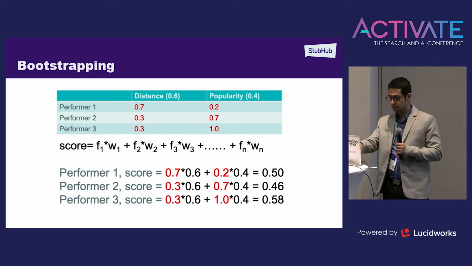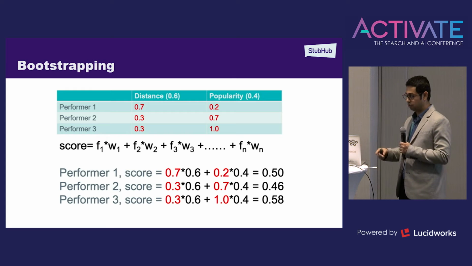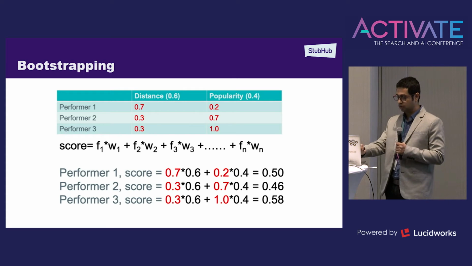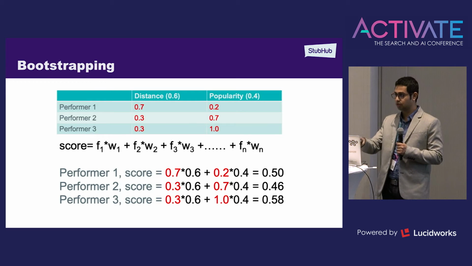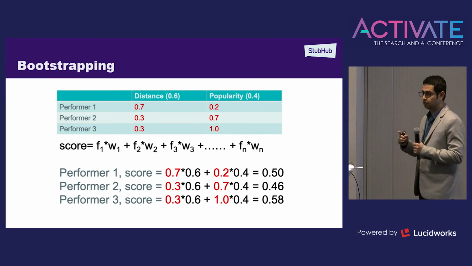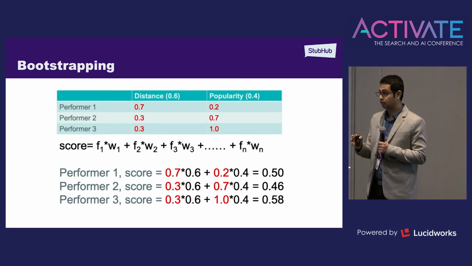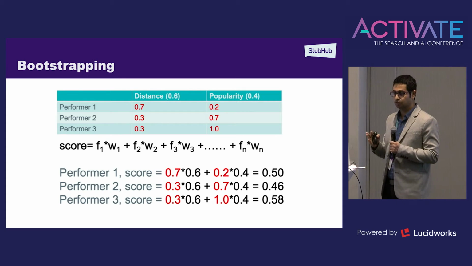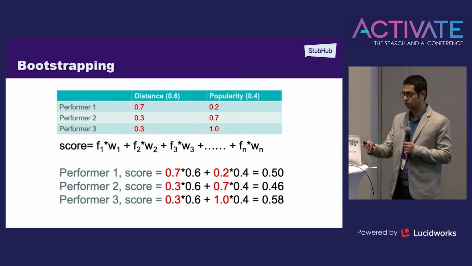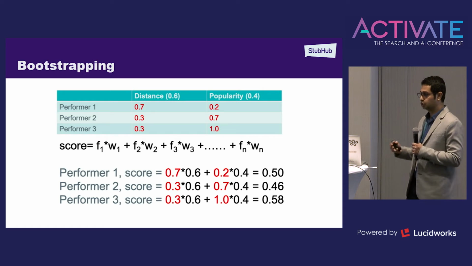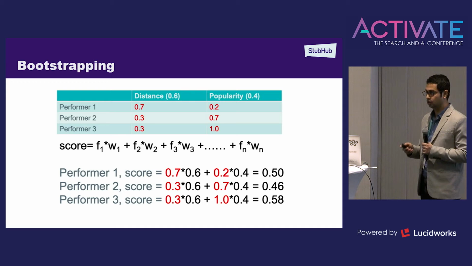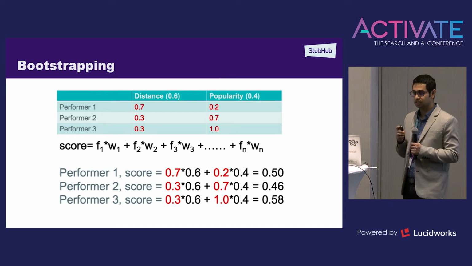So we see for performer 1 the score is 0.5, for performer 2 it is 0.46, and for performer 3 it is 0.58, right? If we rank by those, performer 3, which is far away but popular, will be on the top, followed by performer 1, followed by performer 2. If we see any deviation from the expectation, we can easily change the weights 0.6 and 0.4 to suit our purpose, and then we can play around and change the behavior.